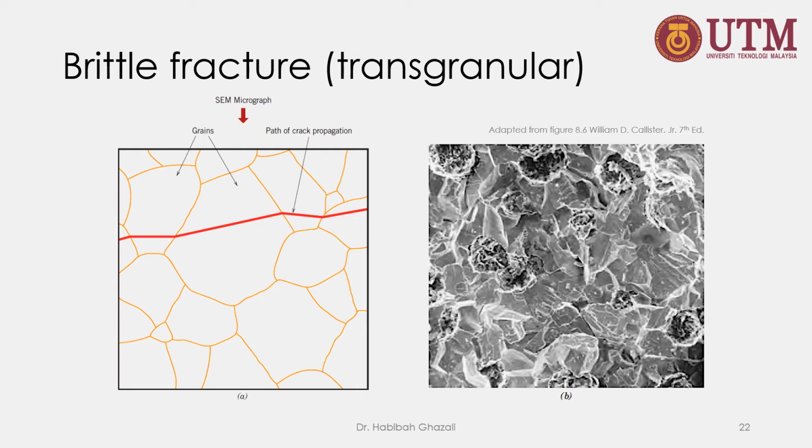One is what we call transgranular brittle fracture. In transgranular brittle fracture, the crack actually propagates through the grain. As you can observe here, the fracture surface does not have a lot of plastic deformation like the one you can see for ductile fracture.